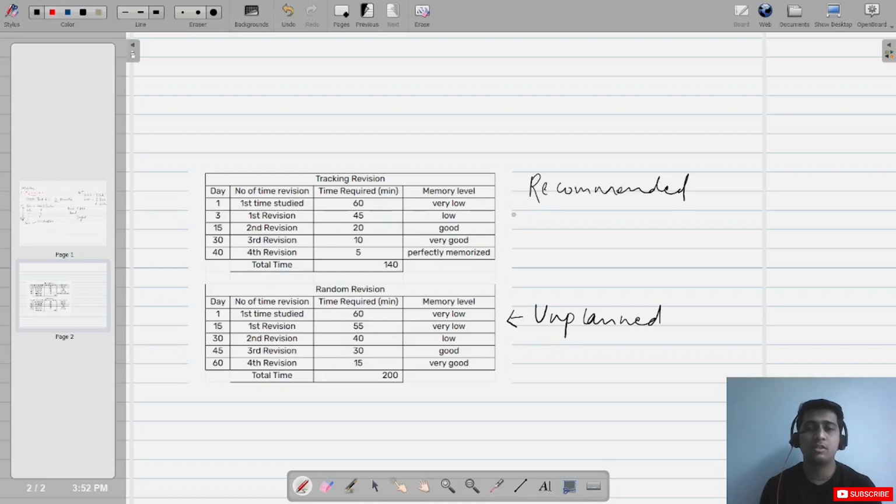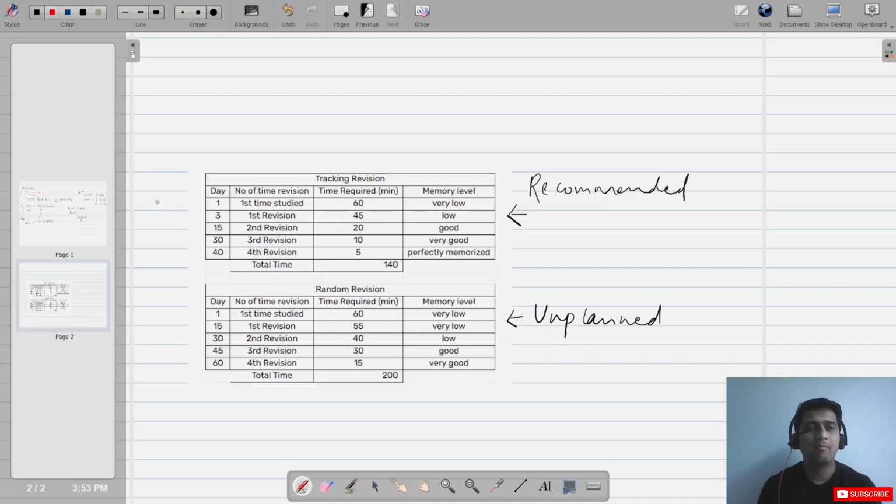We'll see how an organized or tracked revision helps one prepare well. So you see we have some days planned. First day I read it, I have a planned revision on third day, and then on 15th day, then after 30th and 40th.